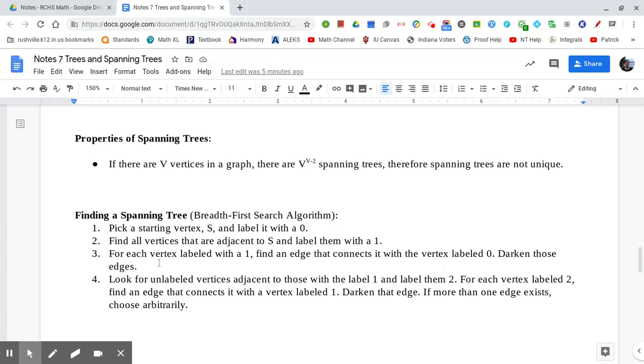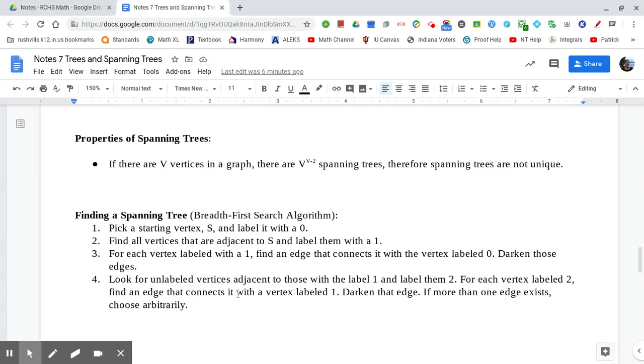Darken those edges. Look for unlabeled vertices adjacent to those labeled with 1 and label them 2. For each vertex labeled 2, find an edge that connects it with a vertex labeled 1. Darken that edge. If more than one edge exists, choose arbitrarily. Do not use the multiple edges because that will create cycles within your tree.